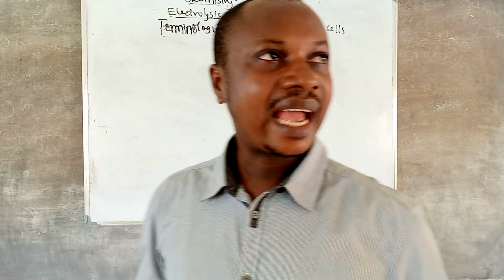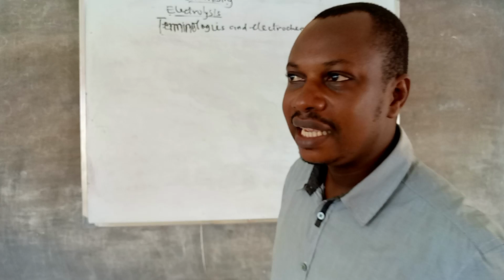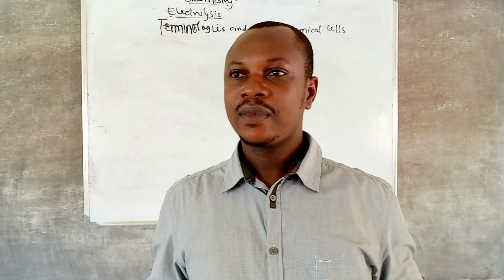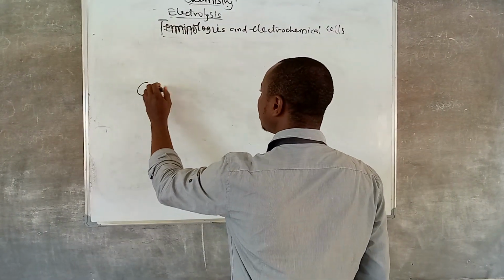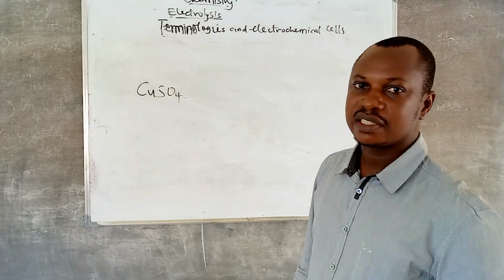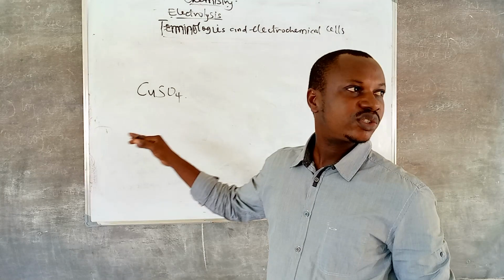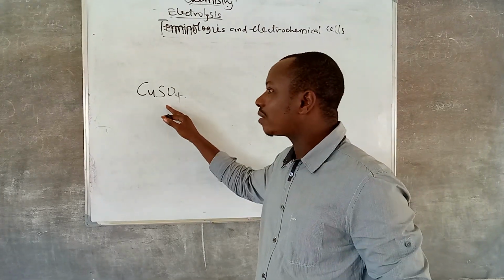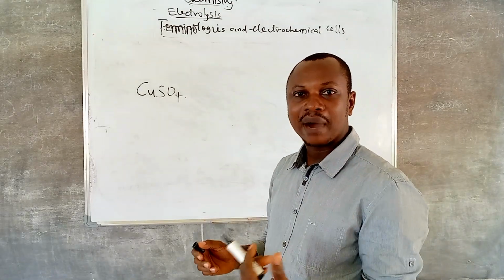Remember, I made mention of the electrolytic cell. It is where the two electrodes will be. Assuming we want to conduct an electrolysis with this salt, copper(II) tetraoxosulphate(VI), CuSO4. If you know chemistry very well, you know that a compound cannot be separated easily because the elements are chemically combined together.